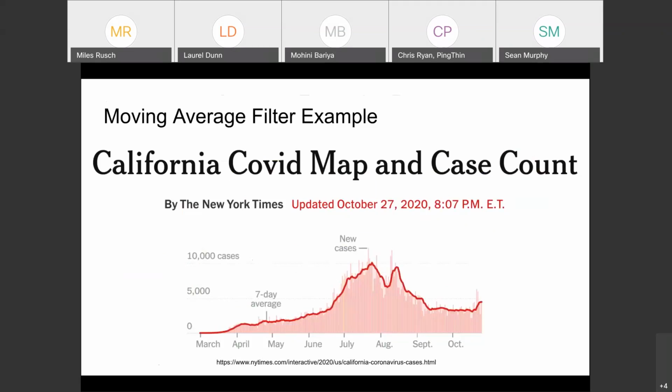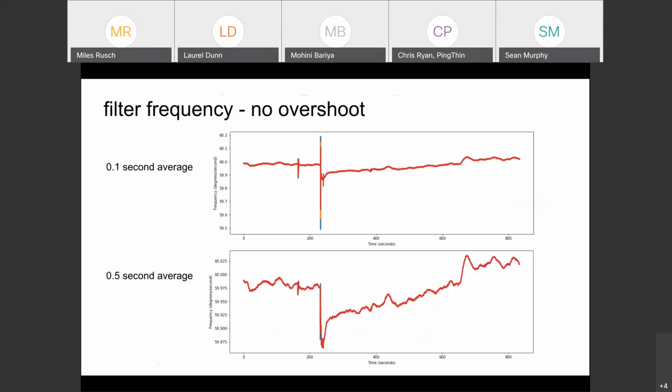We see that on a day-to-day basis there's quite a lot of variation, but you can take a 7-day average and get a smoother line. So we're going to do something very similar, but it's not going to be on the scale of days, it's going to be on the scale of seconds.